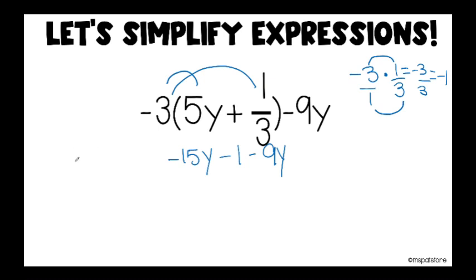We have negative 15y and also negative 9y. Remember, when they have the same signs, you need to add and keep the sign that they share. As they have the same signs, you need to add negative 15 and negative 9, which is negative 24y.